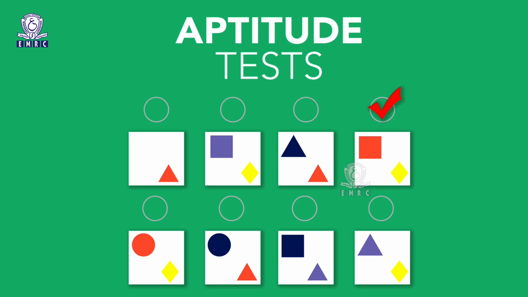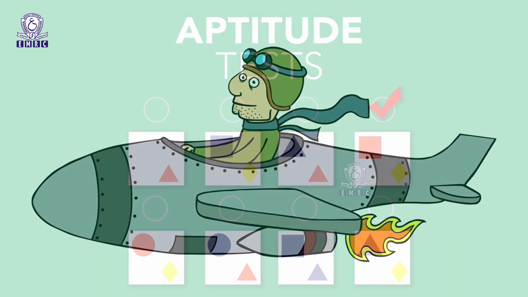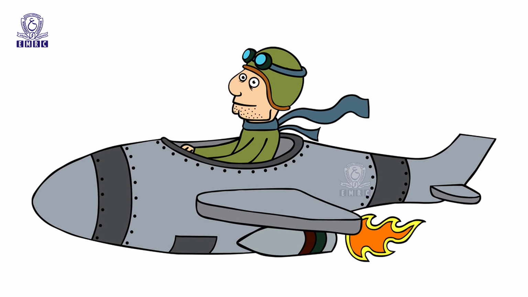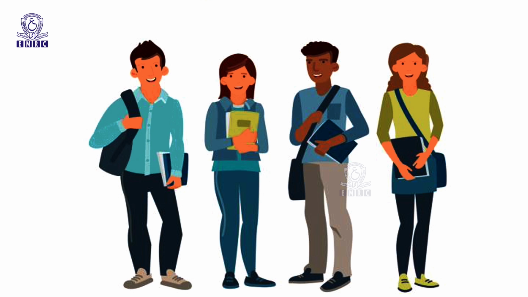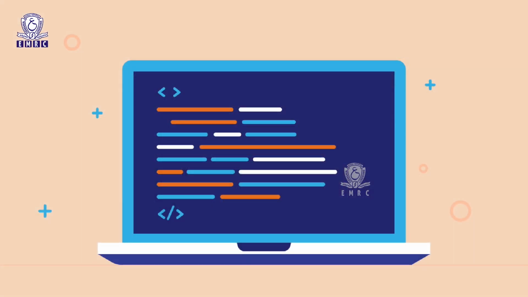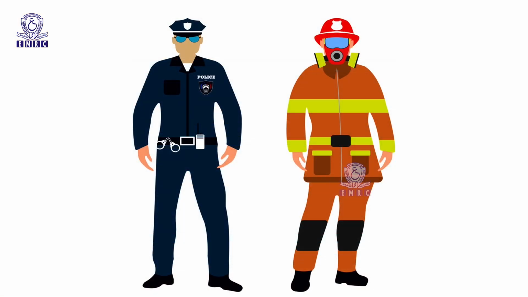Here are a few examples of common aptitude tests: a test assessing an individual's aptitude to become a fighter pilot, a career test evaluating a person's capability to work as an air traffic controller, an aptitude test given to high school students to determine which type of career they might be good at, a computer programming test to determine how a job candidate might solve different hypothetical problems, a test designed to test a person's physical abilities needed for a particular job such as police officer or firefighter.